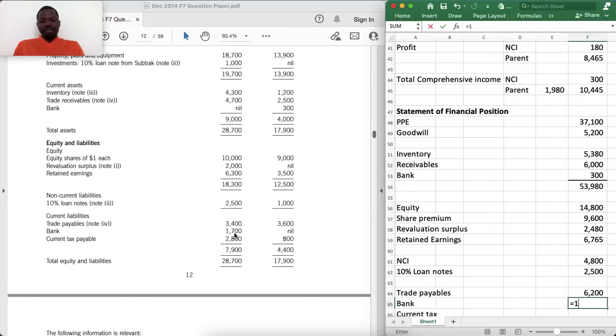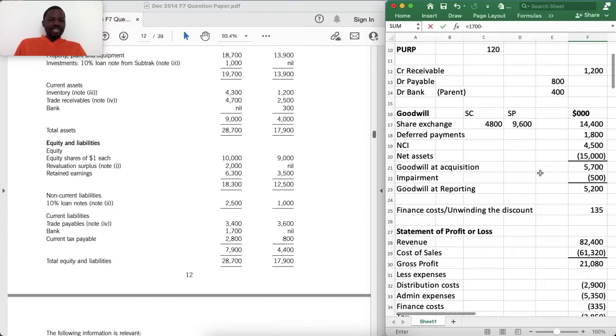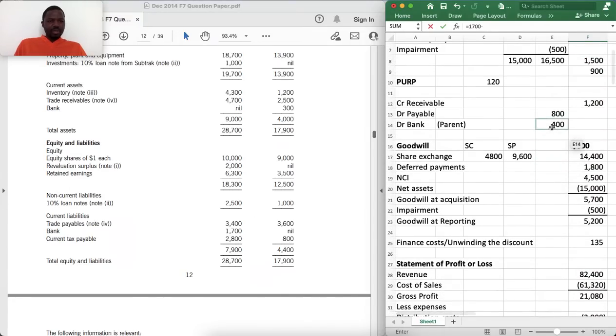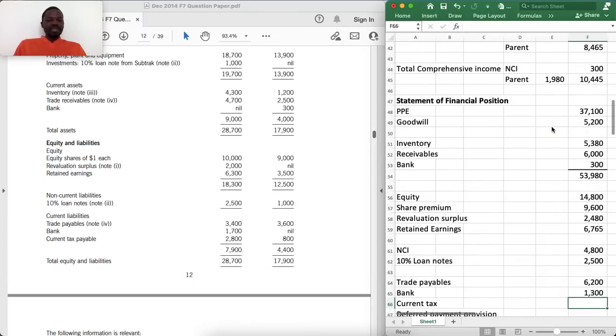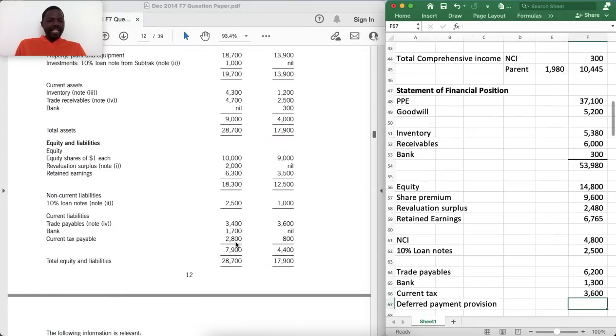Then the bank, we have the bank of the parent. This bank is an overdraft of 1.7. So we need to less this amount that we said was to be received. So we are debiting that overdraft, so it means we are subtracting. Then the current tax, 2,800 plus 800, like that.